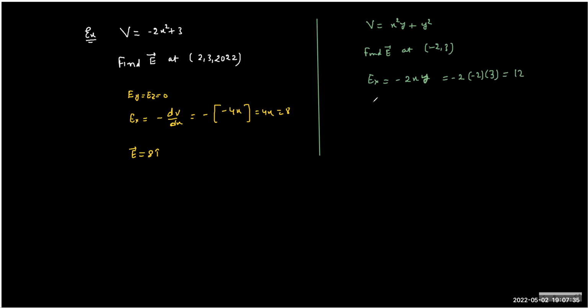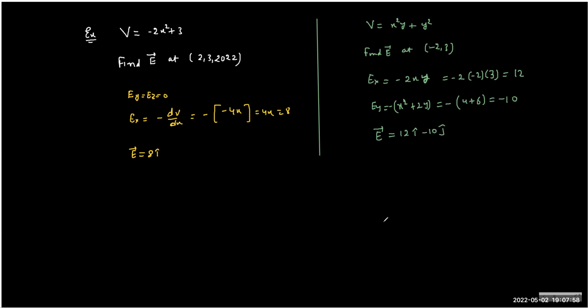And what is Ey? x square plus 2y, with minus n, which is 4 plus 6. So the answer is correct. It is 12 i cap minus 10 j cap.